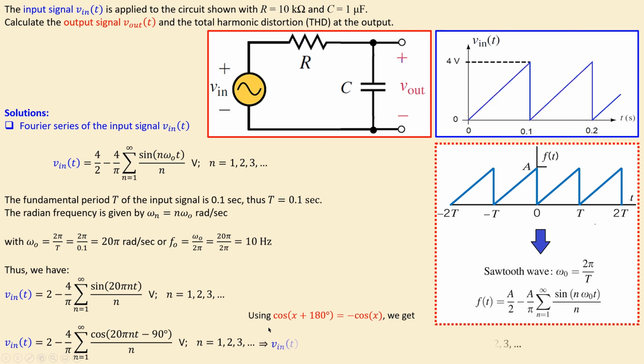That will result, if you simplify this, in plus 90 degrees inside the cosine, because you have minus 90 degrees plus 180 degrees, and you will have a plus outside your summation term, which will be of course nice to work with in the further steps.